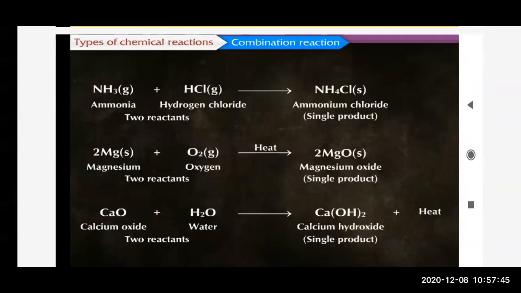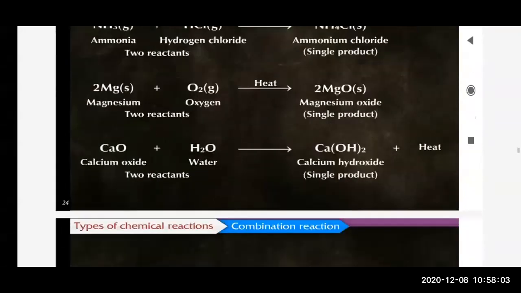Now if you see in all the 3 chemical reactions, there are 2 reactants and a single product is formed. So from this, we are going to define the meaning of combination reaction. So see, what is combination reaction?